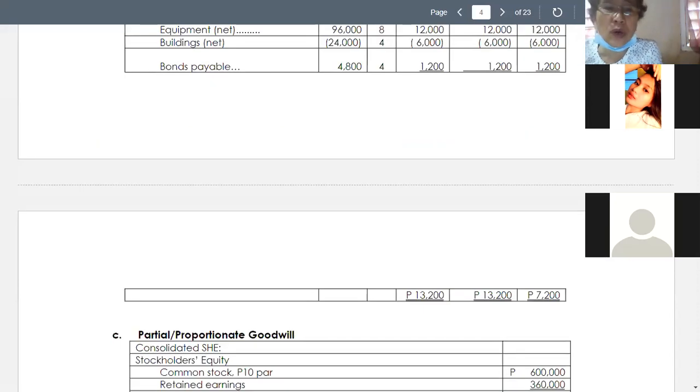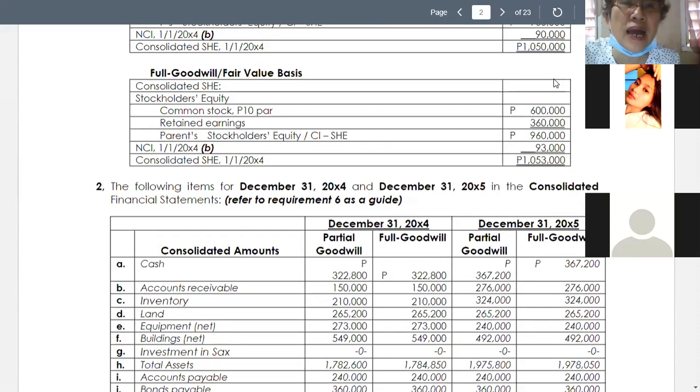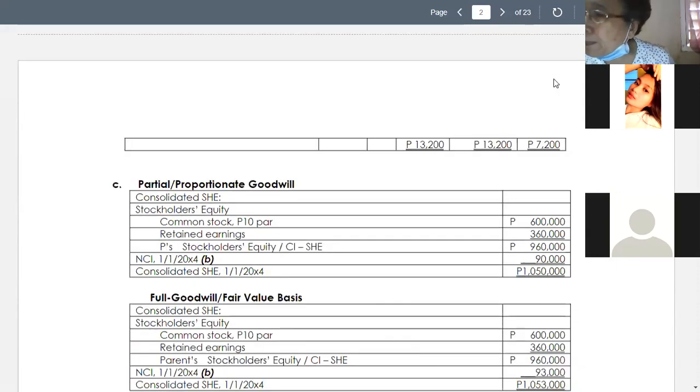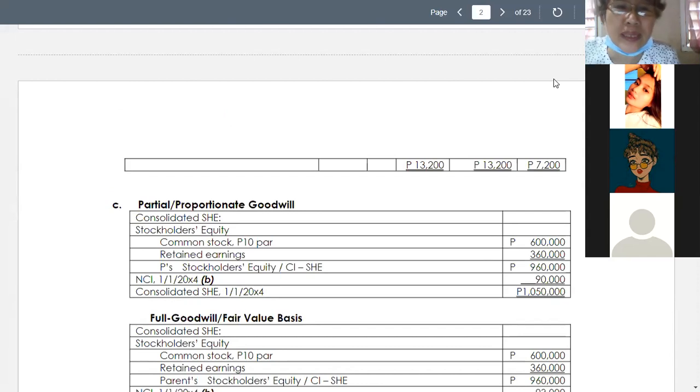We have now the computation as required in letter C, the computation of our partial or proportionate goodwill. The requirement of number one, letter C, is compute for the consolidated stockholders equity as of January 1, 20x4.